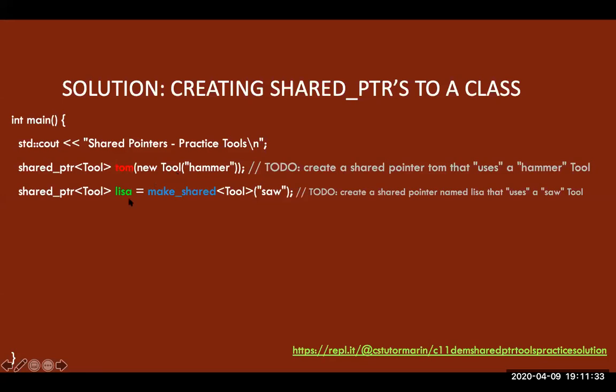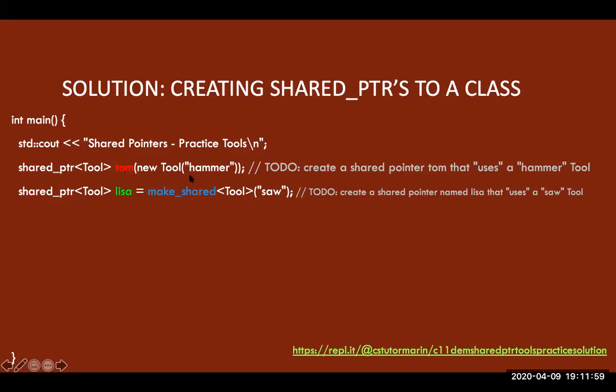As contrasted to this Lisa pointer, we're saying, okay, Lisa is going to be a shared pointer, and Lisa's going to get an instance of the make shared result from the utility. The make shared is going to create a shared pointer of a tool, and these are the constructor arguments for the tool, right?